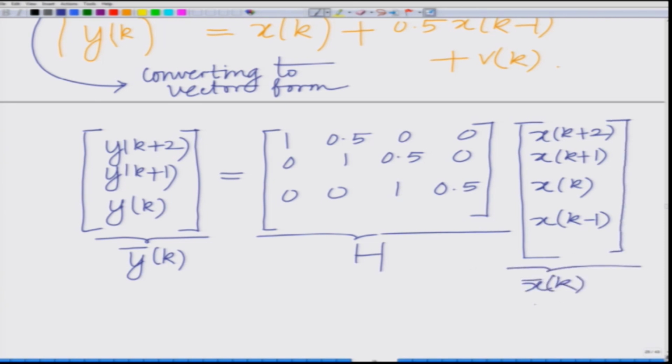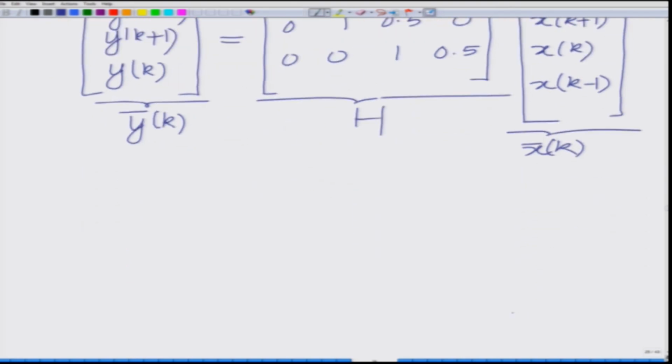This is your vector x bar of k plus the vector v bar of k. Remember, v bar of k is vk+2, vk+1, vk.